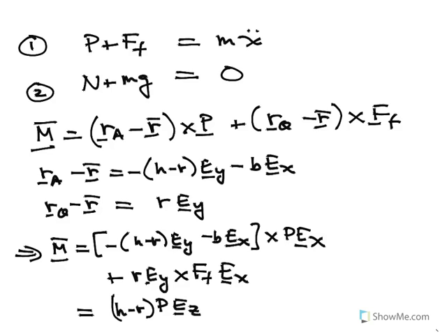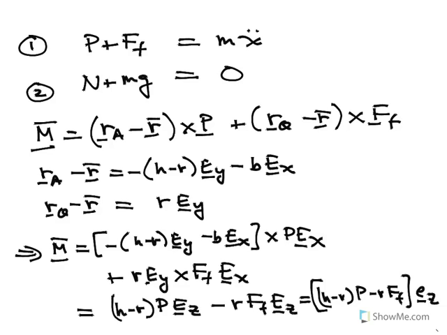Notice I didn't even need to worry about the b. It didn't even come up. And then minus r times f sub f ez, which is equal to h minus r times p minus r times f sub f times ez. Okay, so that's the moment.